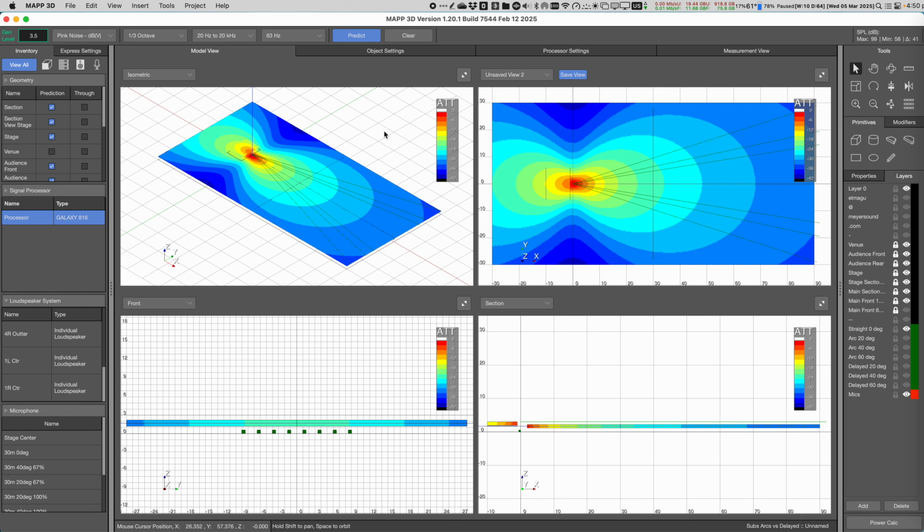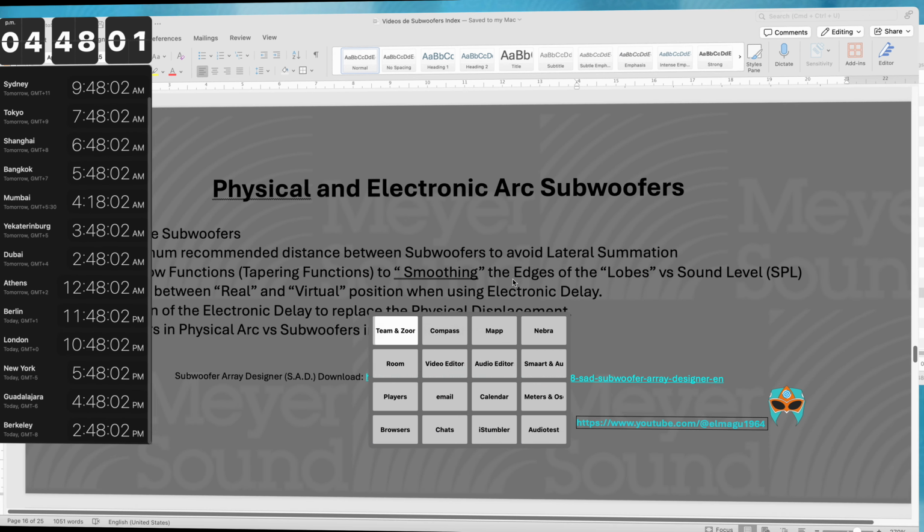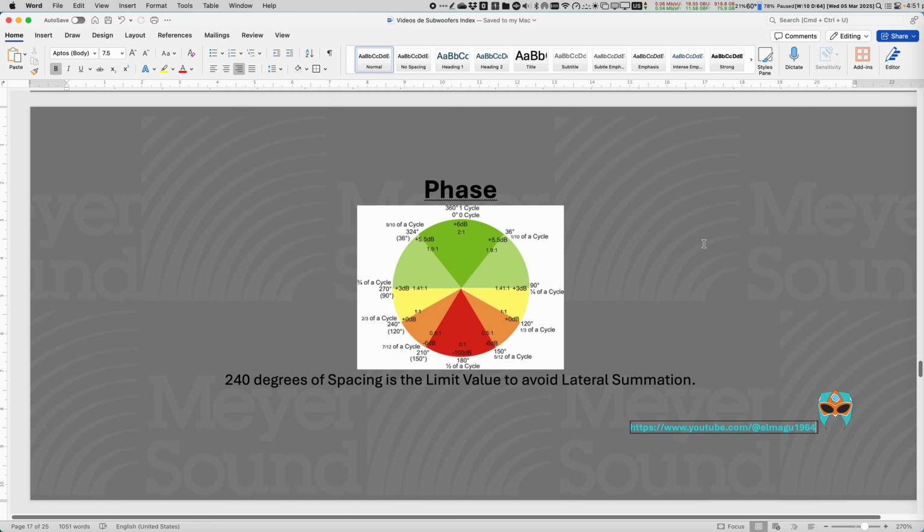But now, part of the intention when we are doing our directional system is to avoid this lateral summation. In other words, we don't want by any means to have sound in this direction. In order to understand this principle, it's the moment that we need to understand the phase mechanism.